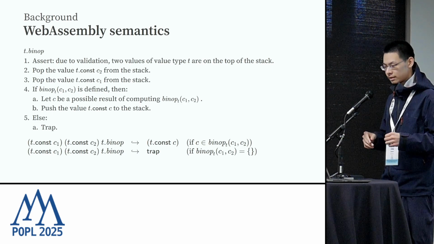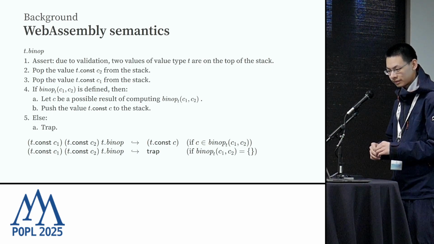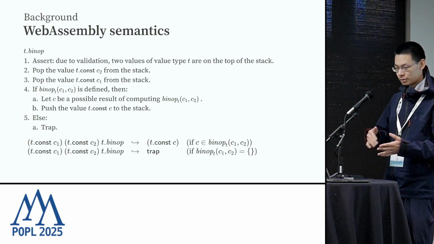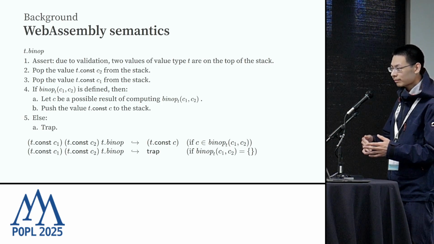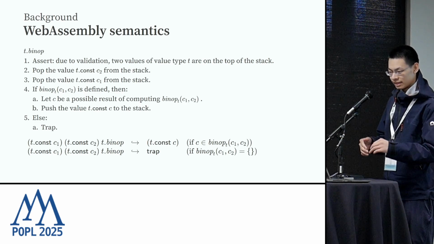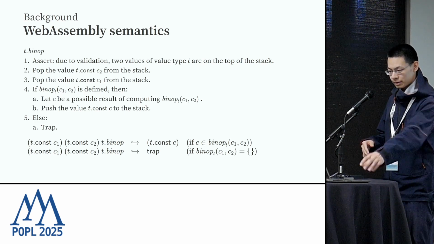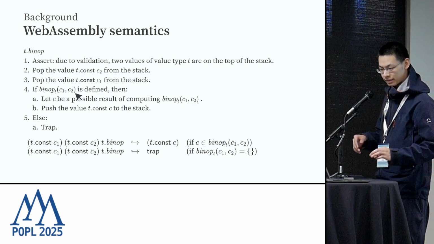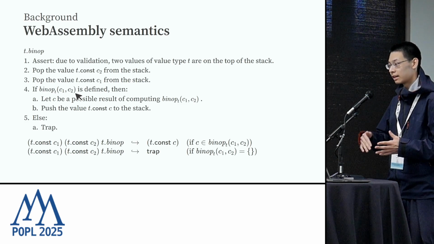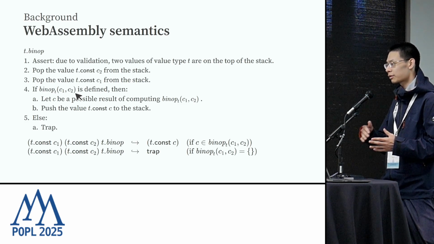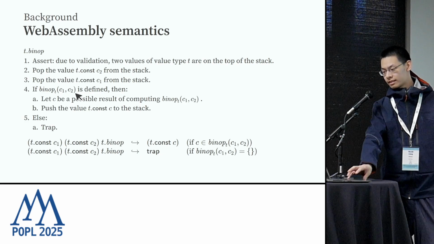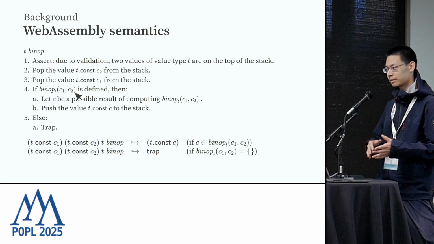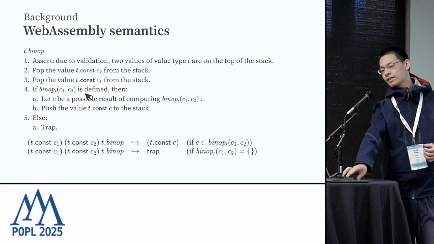As we can see, the prose semantics has an assert, 2 pops, and an if branch. The if branch here corresponds to the first rule below, on the declarative version. So if it is defined, then return some possible outcome. If it is not defined, then trap.